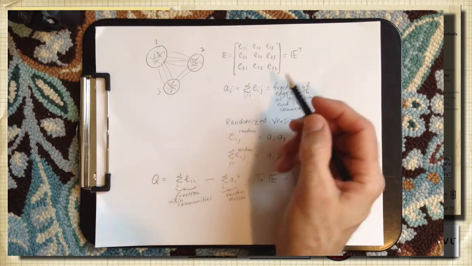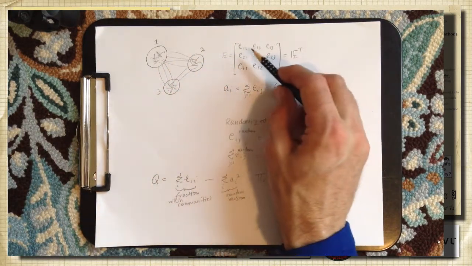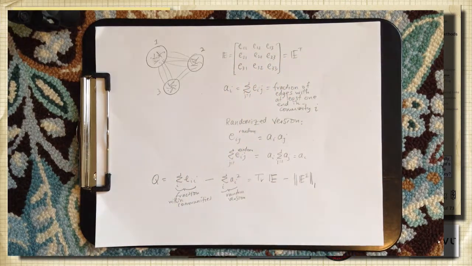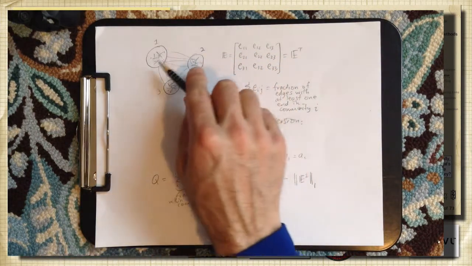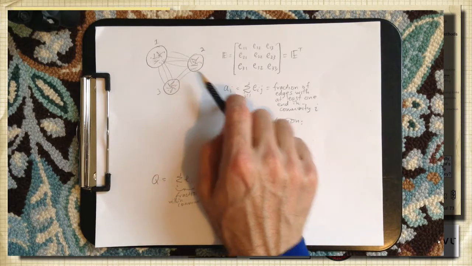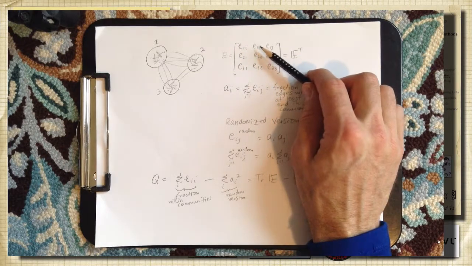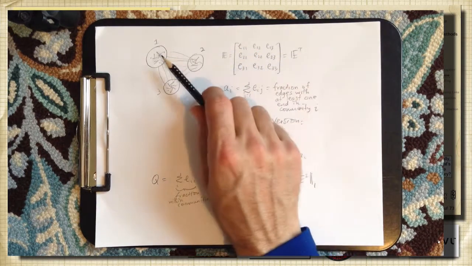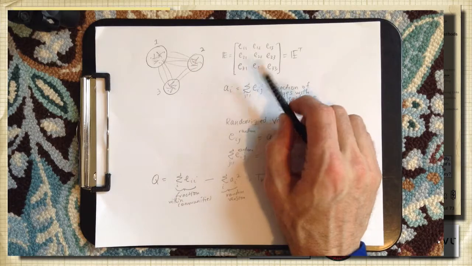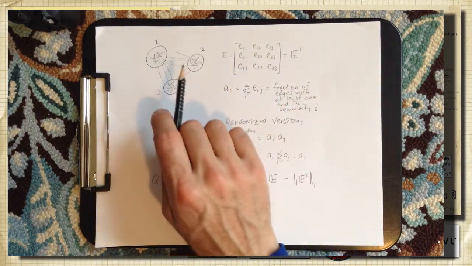Okay, let's go through it. We count up all the edges, and then we create a matrix based on the community structure we've guessed at or arrived at through some algorithm. Each entry e_ij is the fraction of edges between community i and j, and it's symmetric, so these entries are the same going back and forth.